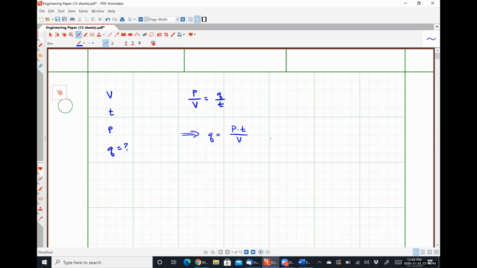So energy divided by voltage should give you charge. And just to be clear, charge per unit time is current. All right, next question.